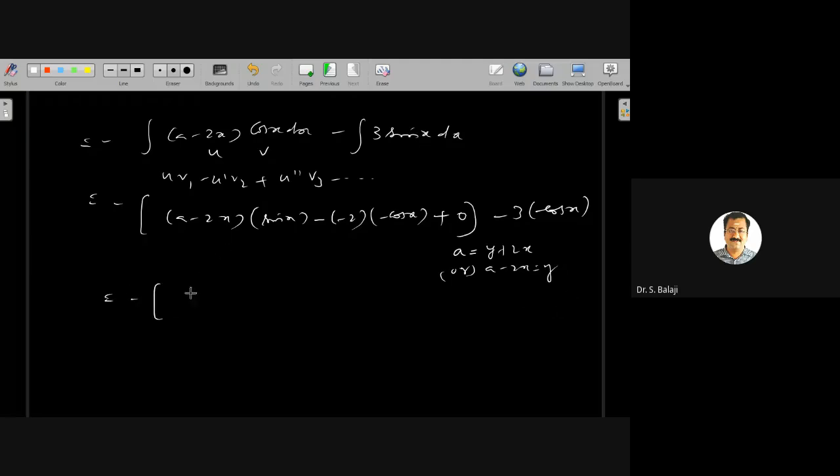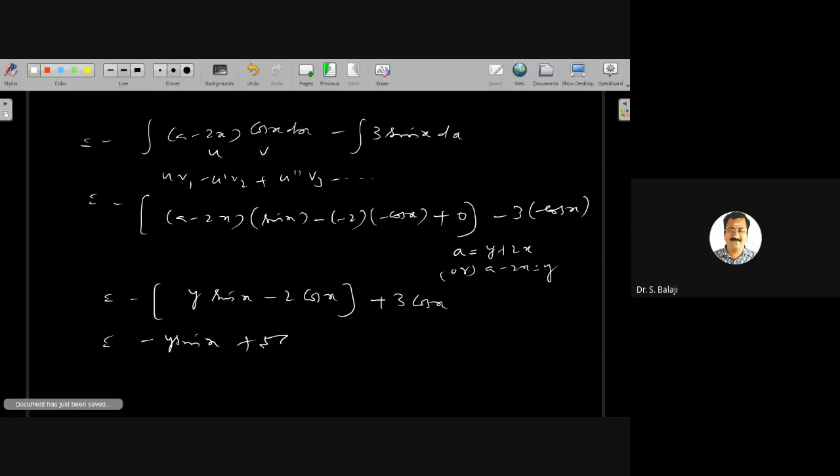For a minus 2x as y, we get y sin x, then minus minus plus again, minus 2 cos x, and plus 3 cos x. So we get minus y sin x plus 2 cos x plus 3 cos x, which is plus 5 cos x. This is your particular integral, very simple.